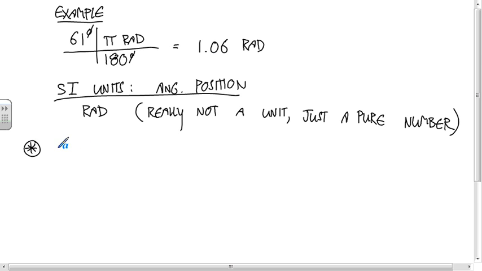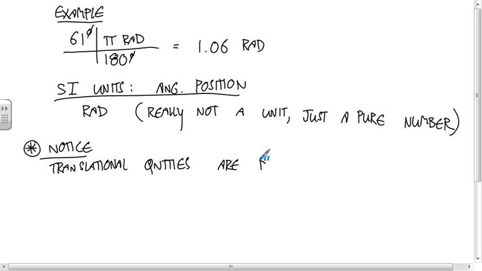One thing I want you to notice is translational quantities are different for every point on a rigid body.